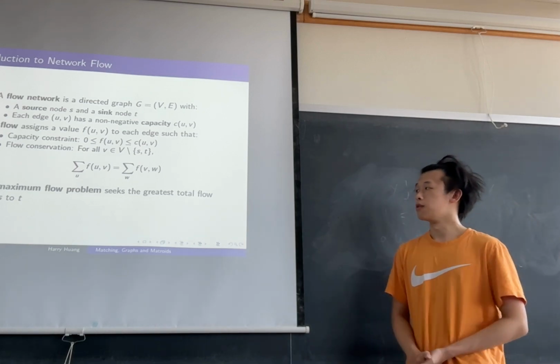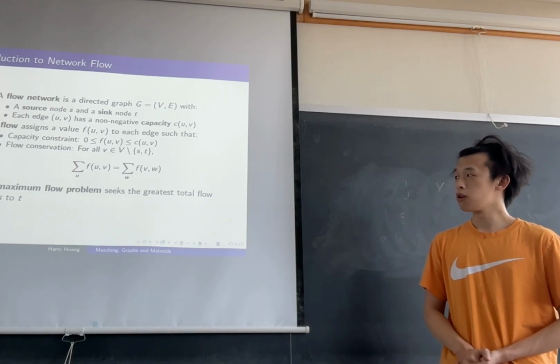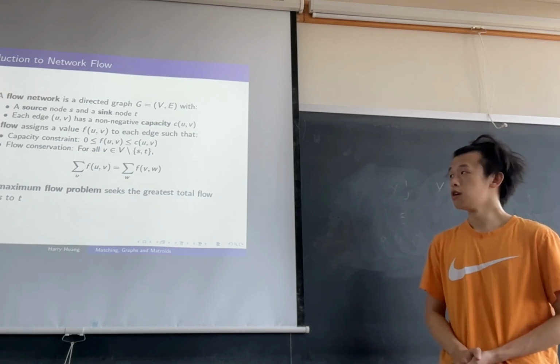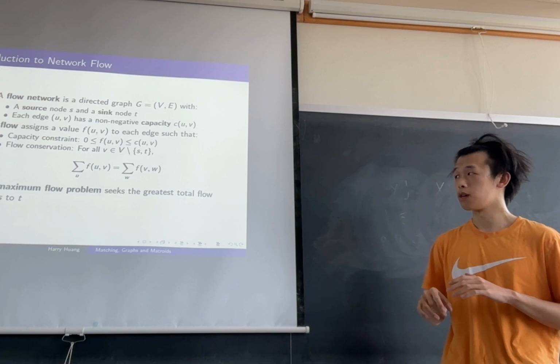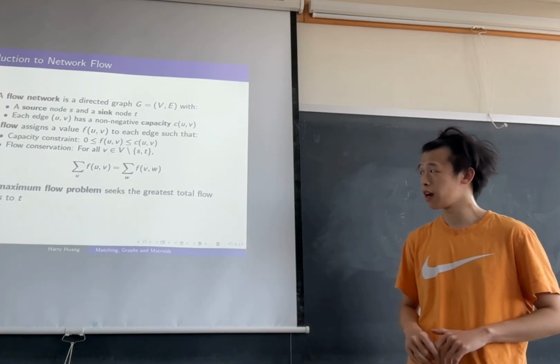Correspondingly, for a flow network, there are flows. A flow describes how much water is in the pipe, so it describes how much value is on every edge.